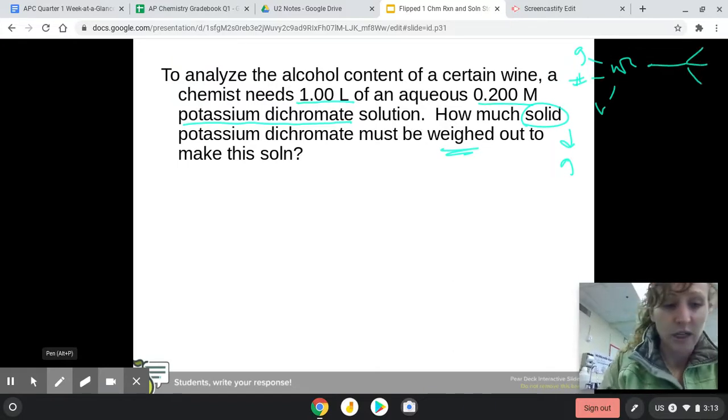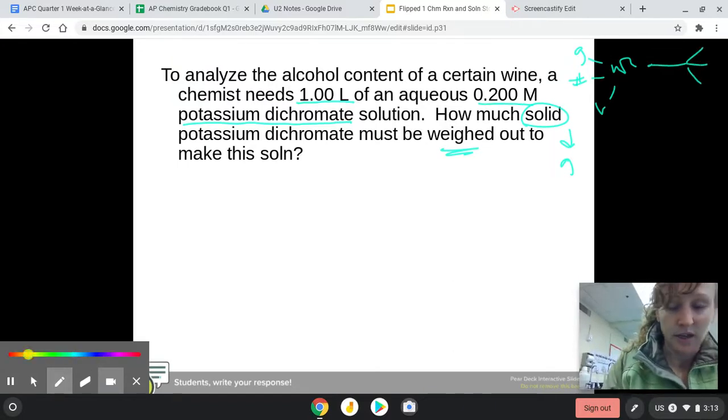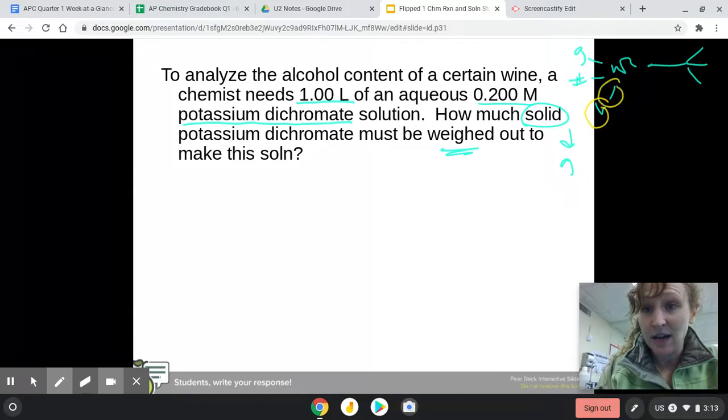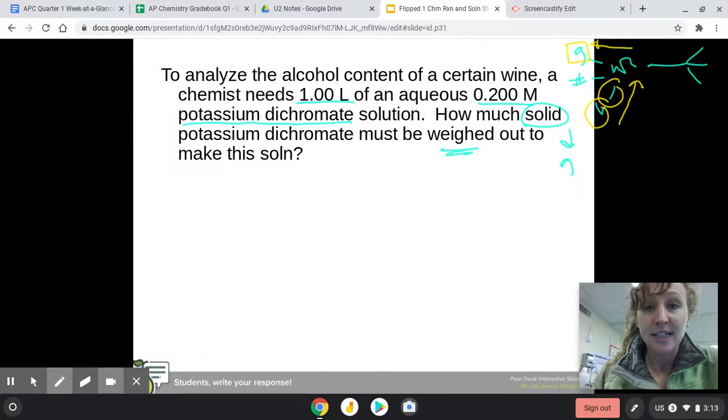This little forky thing is just the other side of the mole hole, by the way. Okay, so they give us volume, they give us molarity, and they're asking us for mass. So we're going to have to go from volume to moles, moles to grams. Pause it and see if you can do that.